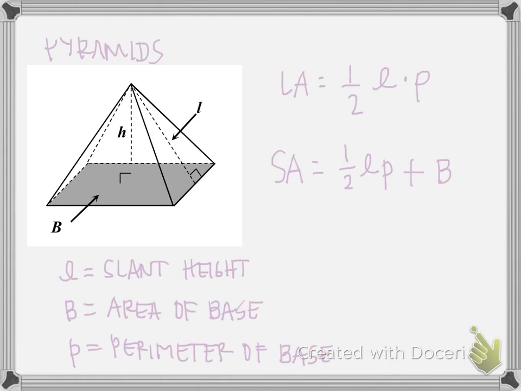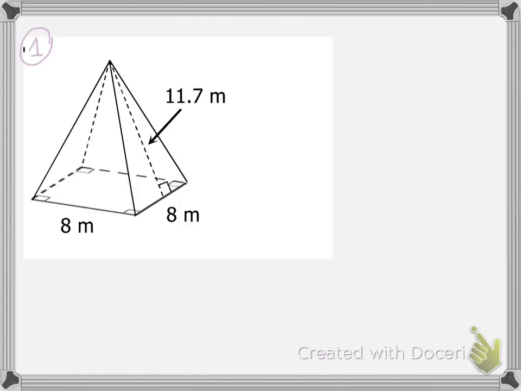Alright, so let's look at an example here. Okay, so here we've got a slant height of 11.7, so that's my slant height, my L. We've got a square at the bottom, so the perimeter of the base is going to be 8 plus 8 plus 8 plus 8, so that's going to be 32.